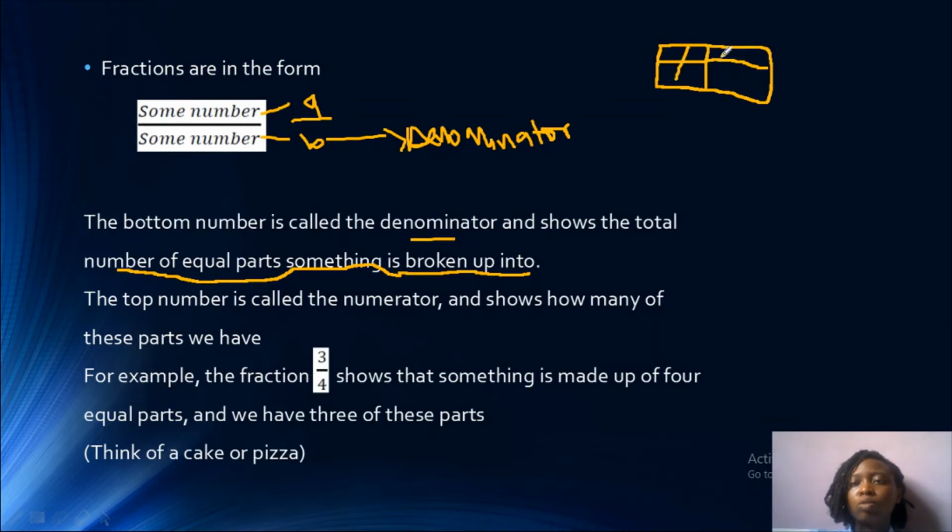It can be broken up into 12. So let's say I have 12 chocolate pieces, and then I have 6 siblings. I have to share this chocolate bar among 6 siblings.